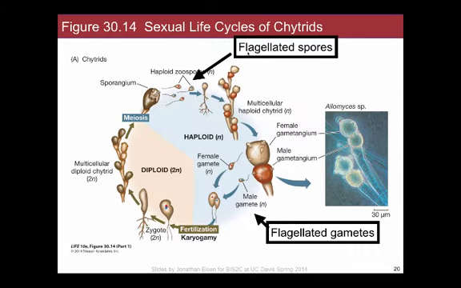And again, for chytrids, one of the key features is that these zoospores, which are produced by haploid multicellular organisms, are able to swim with flagella. The gametes are also able to swim with flagella. And again, this is really important for the lifestyle of these chytrids, spending a lot of time in an aquatic environment.